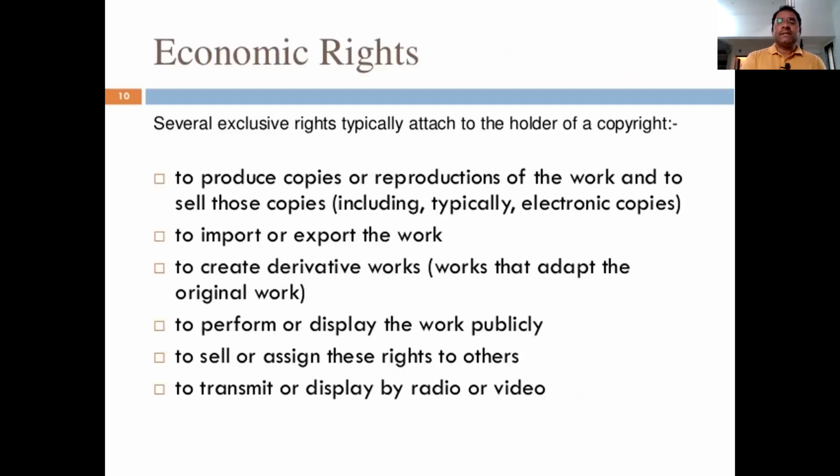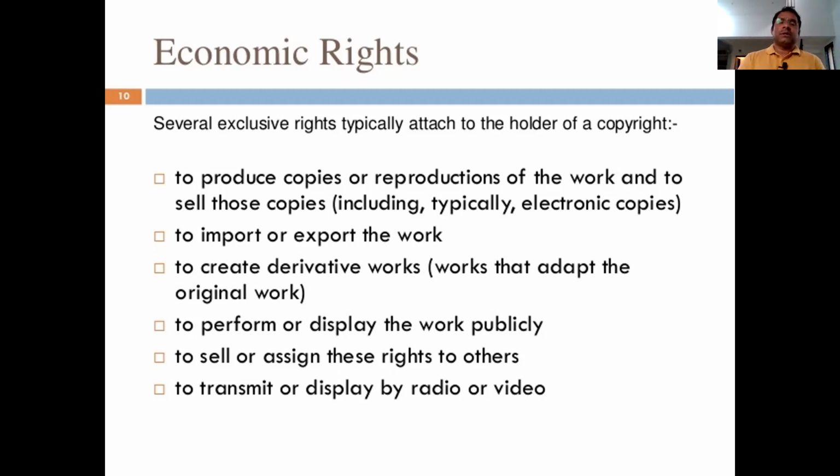Several exclusive rights are typically attached to the holder of a copyright. Which are those rights which can be included under the economic right of a true owner of a copyrighted work? The first is to produce copies or reproductions of the work and to sell those copies, including typically electronic copies. Let us take an example.